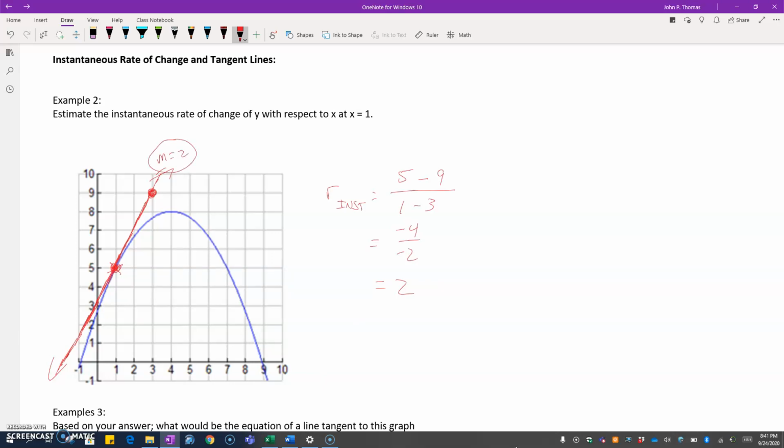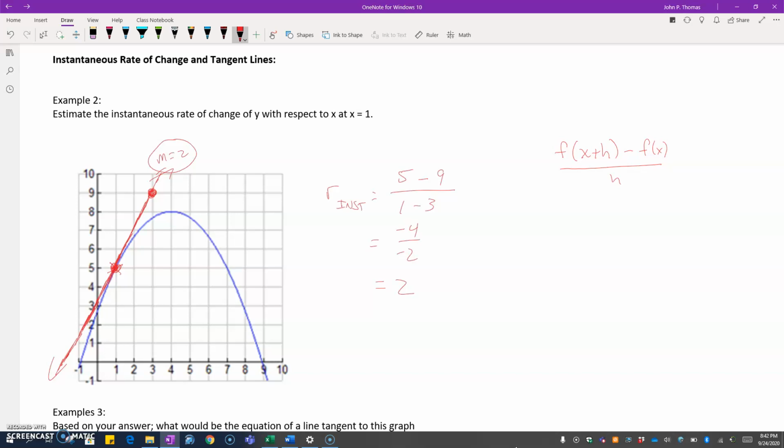Now, in general, this is a little bit harder to talk about because what we're really trying to do is squeeze down to 2 points that are so close together. The way that we do that is a formula that you've actually seen before called the difference quotient. So we're going to have f of x plus some small amount h, minus f of x, and then that's all going to be over h. When I really look at that, that's just the slope formula. We've got an input of x plus h on the first function, an input of x on the second.